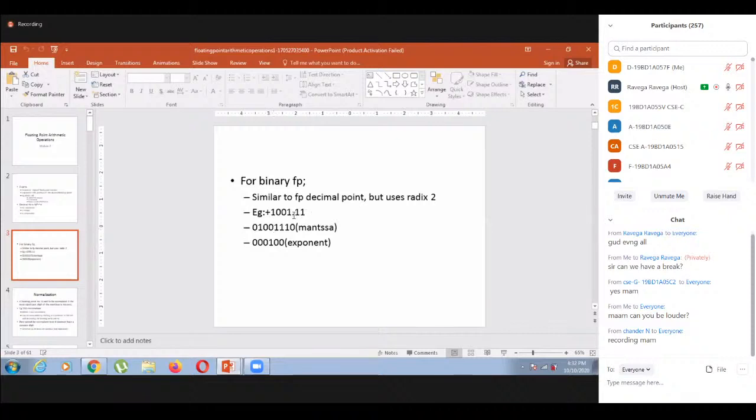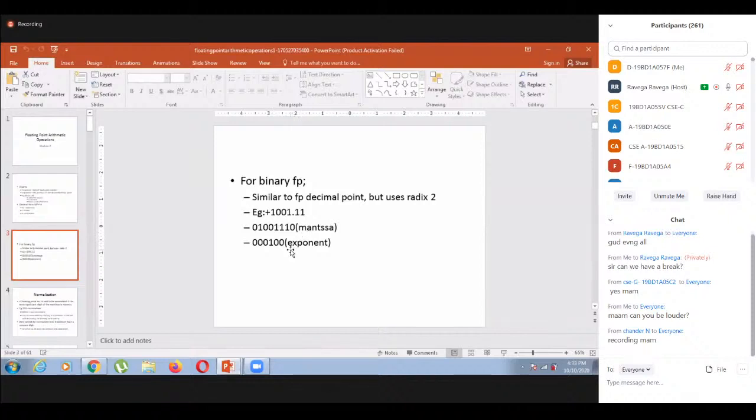Removing the dot, how many digits are after the decimal point? Two digits. So the total number is represented as 01001110. So it is the fraction number for binary numbers.